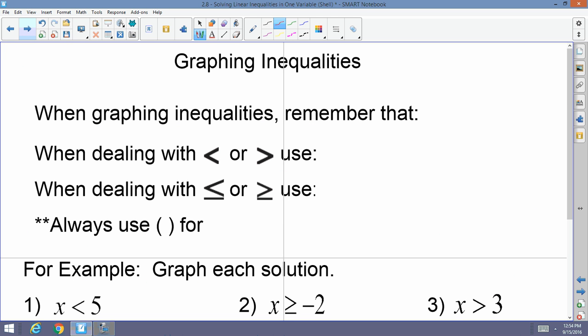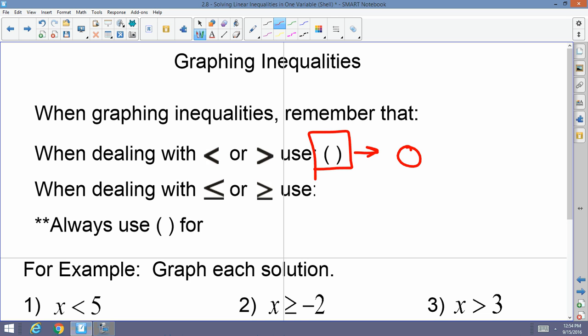Now, graphing inequalities. We had a little brief review of graphing, but now we're going to do it correctly, okay? When graphing inequalities, remember that when dealing with less than or greater than, just like interval notation, you want to use parentheses. Back in middle school, you probably used an open circle. That's okay, but parentheses is really the way we want to go now.